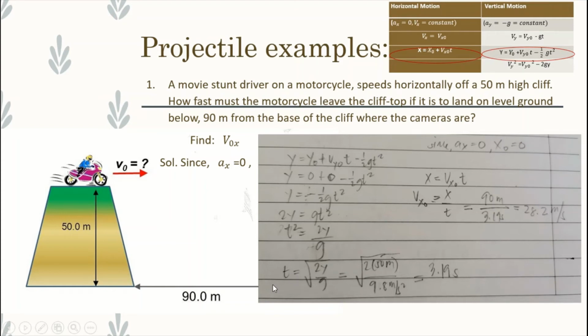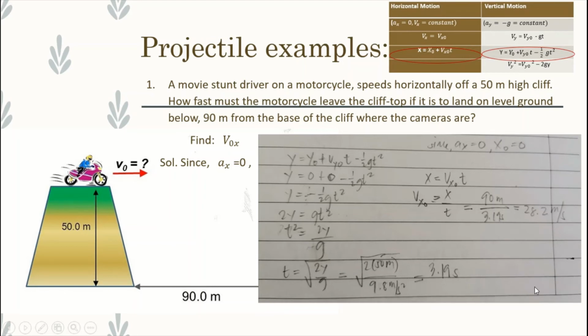The square is gone since we put a square root. So square root of 2, the given y is 50 meters divided by the constant acceleration due to gravity, which is 9.8 meter per second squared. So the resulting time is 3.19 seconds.